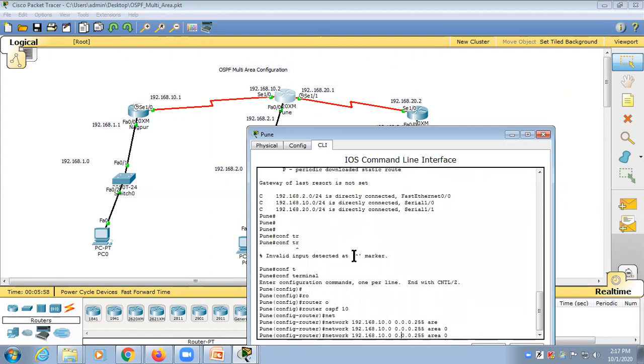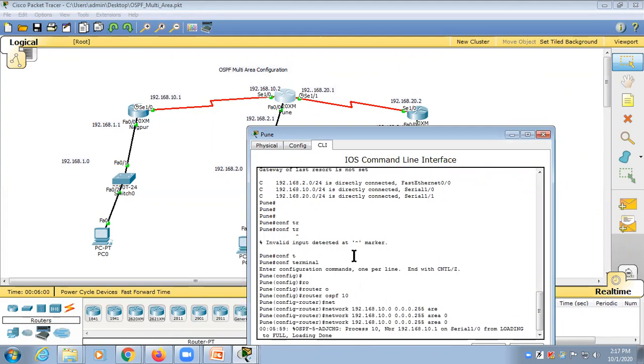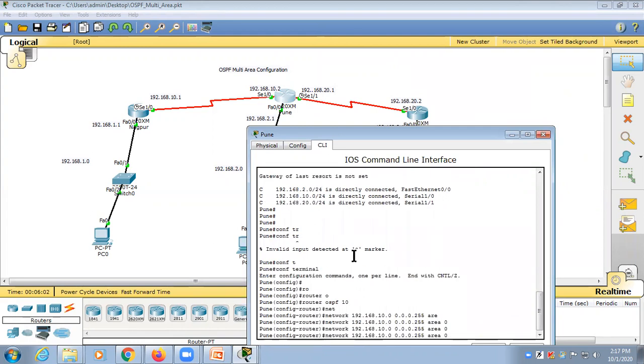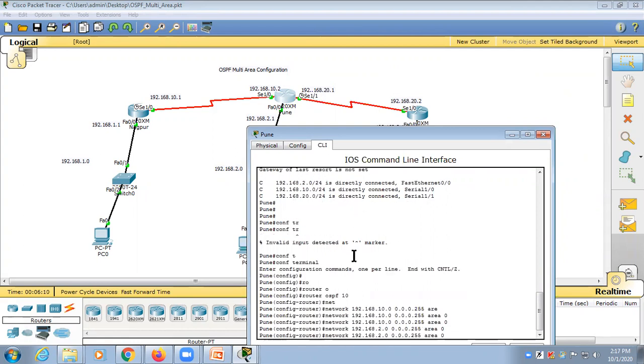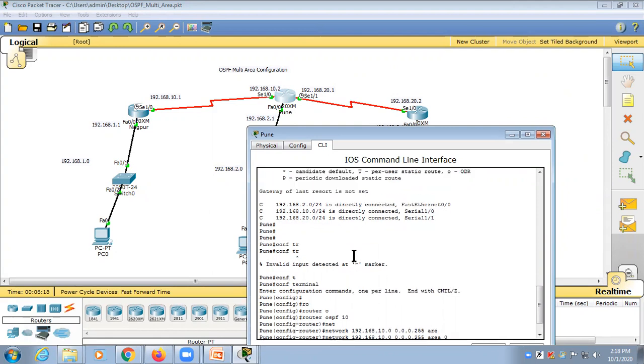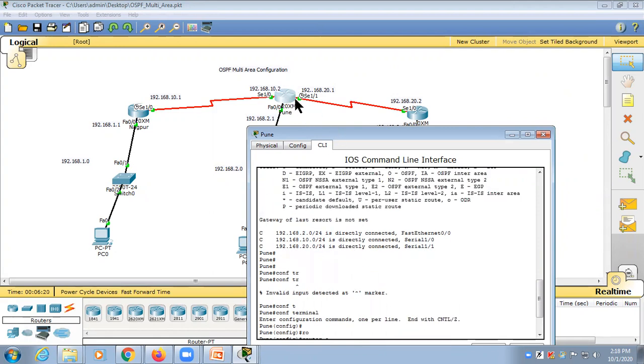Then my second network is 2.0, so put that 2.0 into area 0. Then the third network is 20.0, and that needs to be put in area 1. This network needs to be put in area 1. Okay, so the Pune router configuration is also done.